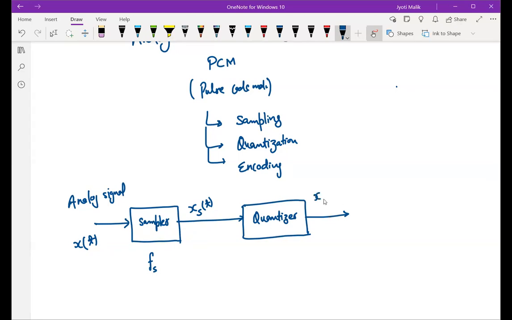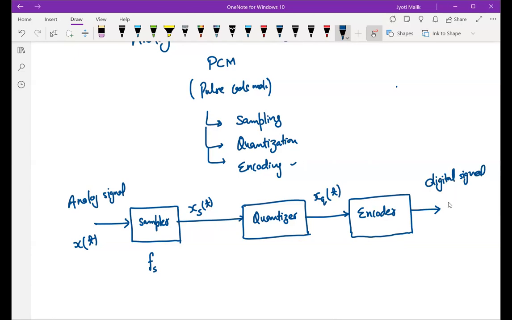Let's say I'm representing the output as xq of t. This is known as your quantized signal, which is given to the encoder. The encoder does encoding, and then you finally get your digital signal, which we wanted. This digital signal will be in terms of a bit stream.